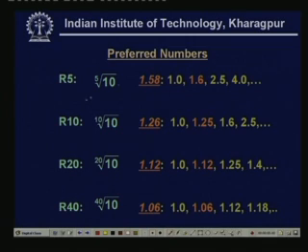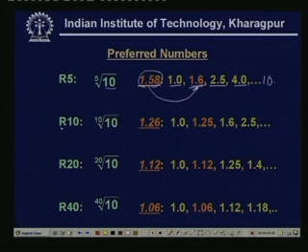R5 means the fifth root of 10, which approximately is 1.58. Now you conveniently round it off. So what would be the sizes? 1, 1.6. This one is rounded off to 1.6. Next you will have 2.5, 4, and so forth until you reach 10.